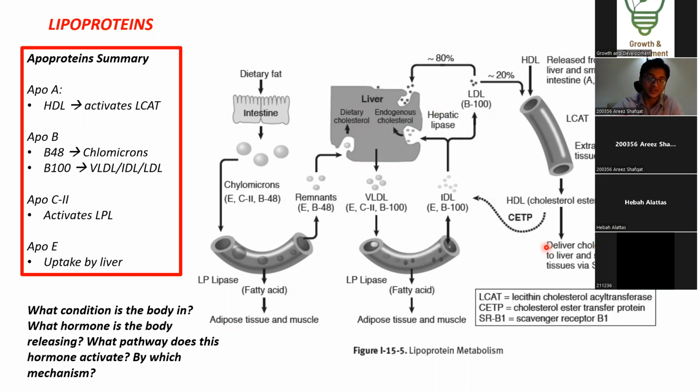That's why HDL is called good cholesterol. Okay. What I need you to know right now, and I hope this pathway made sense, is that LPL is activated at the gene level by insulin, which should make sense because after a meal, you have insulin, right? So insulin is activating LPL at the gene level.